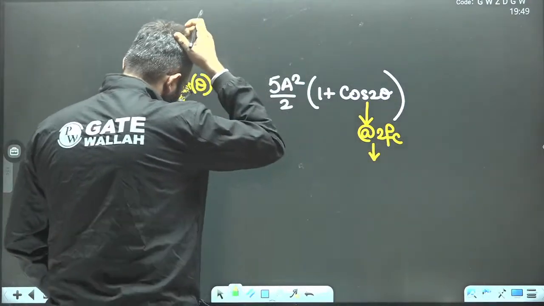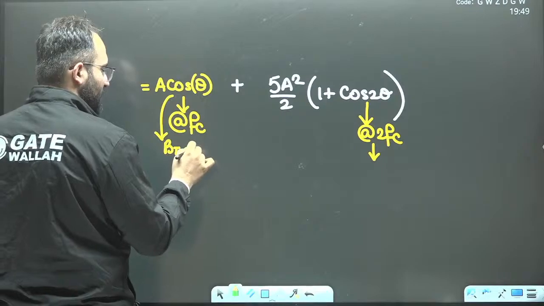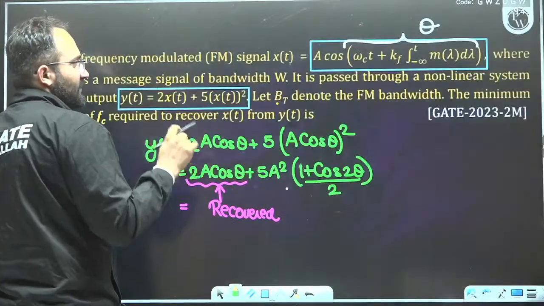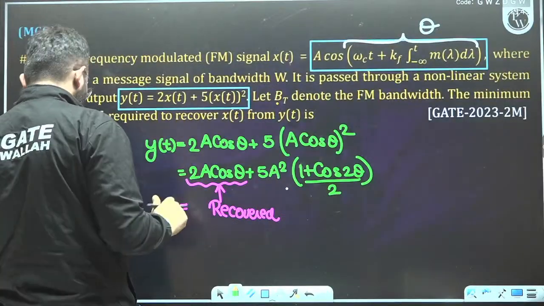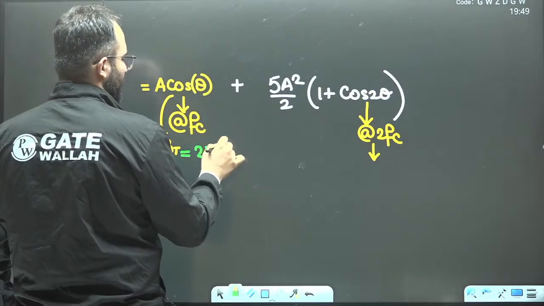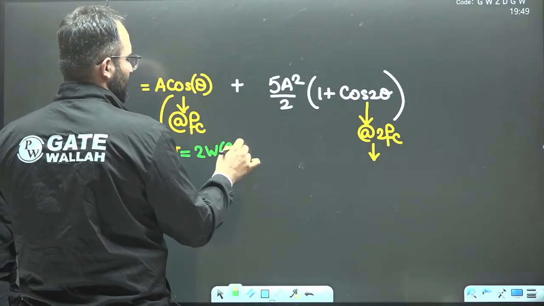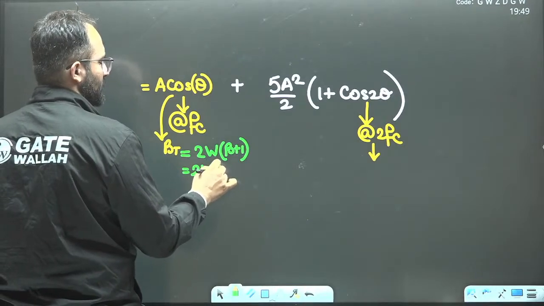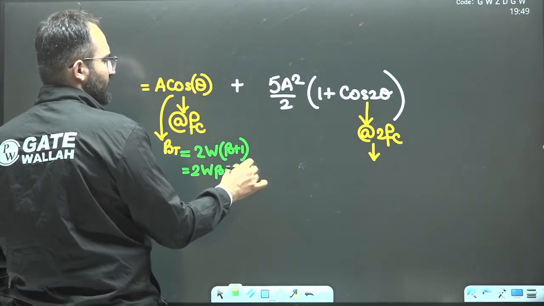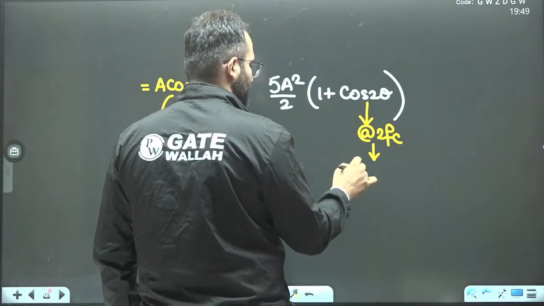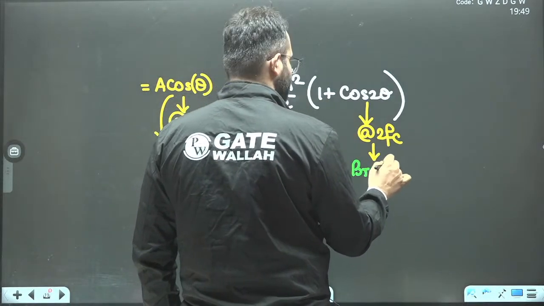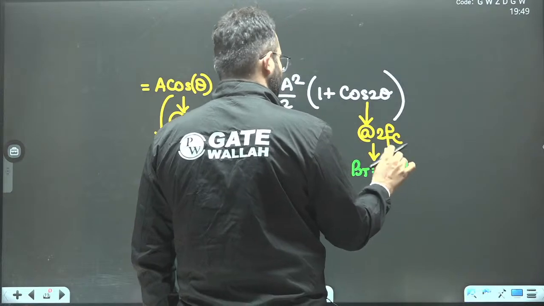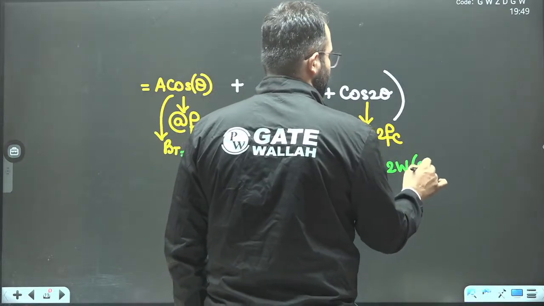Because we can see that the BT will be equal to 2 times the message bandwidth. Message bandwidth is W, that is given to us, times beta plus 1. That is 2W beta plus 2W. Here the message bandwidth will remain the same, but beta will become 2 times.